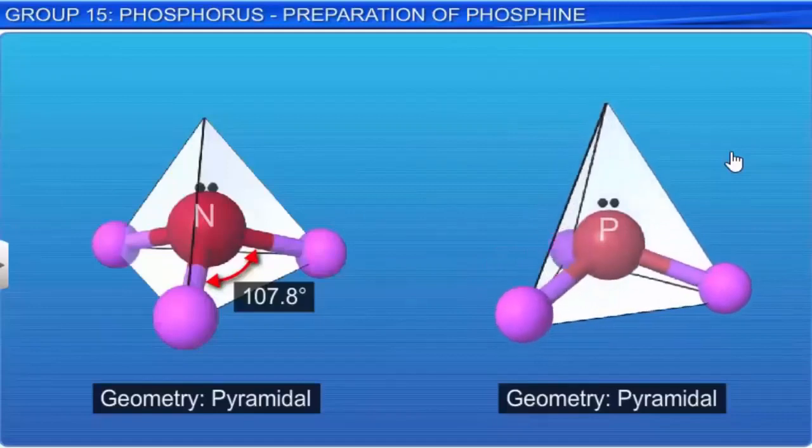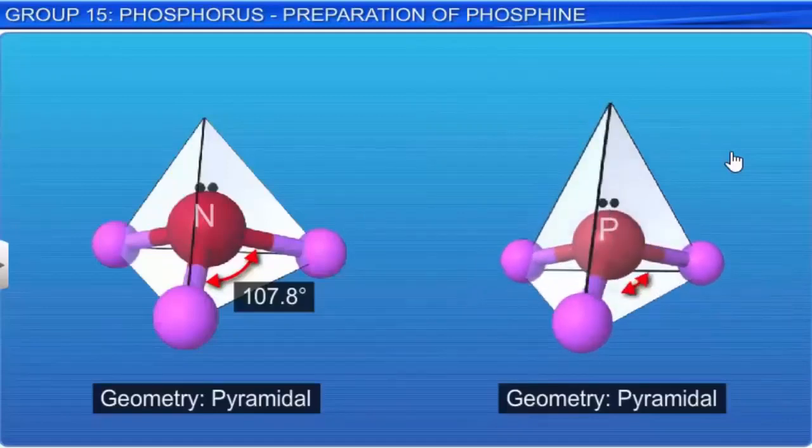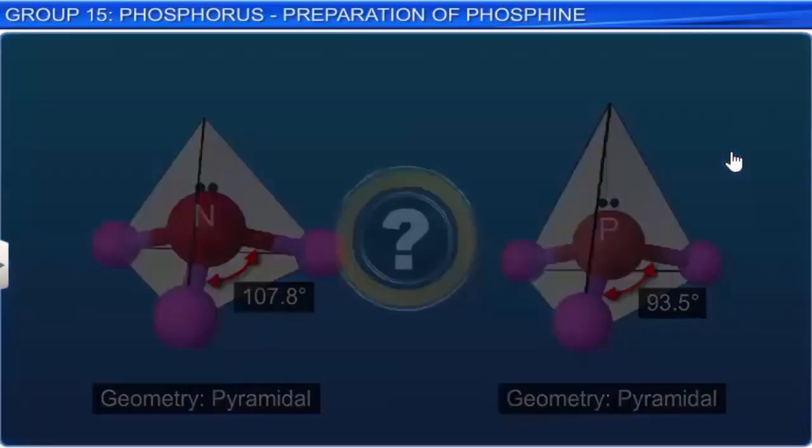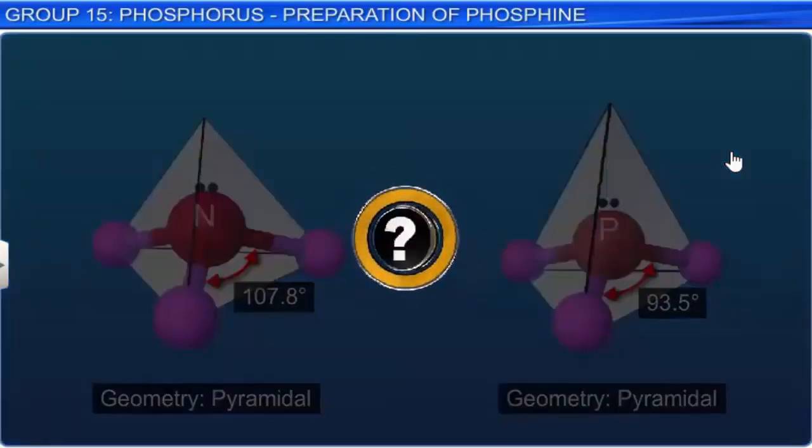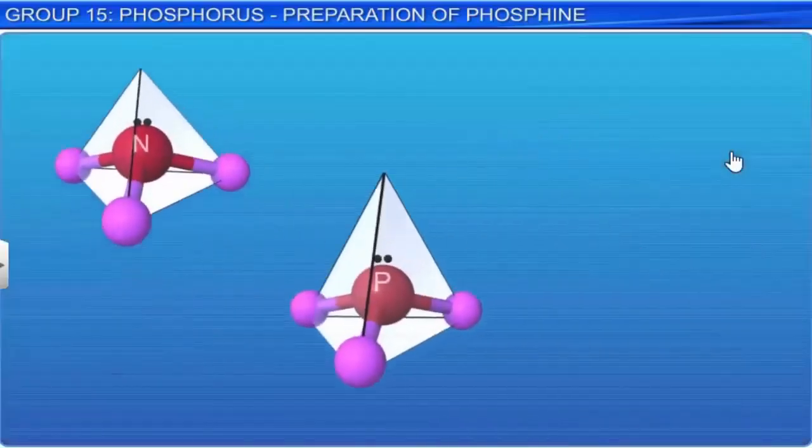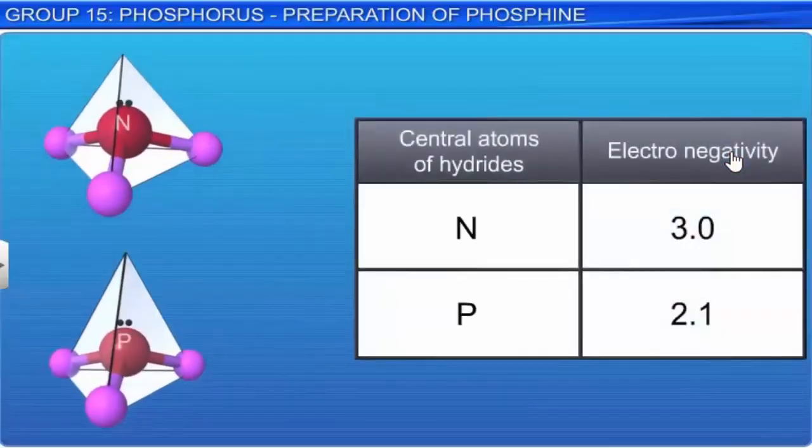However, the bond angle in phosphine is only 93.5 degrees. How do you account for this? Try to explain this variation by comparing the electronegativities of the central atoms in their respective hydrides.